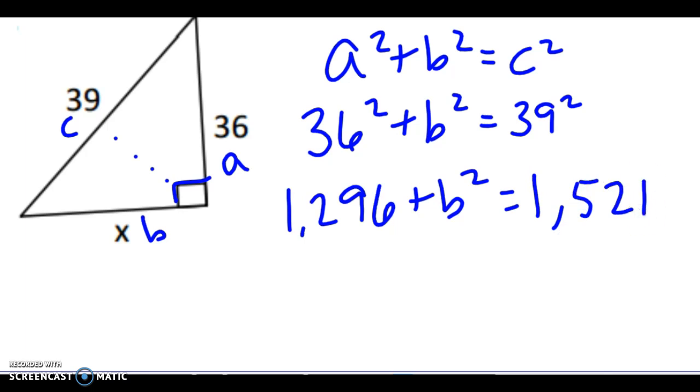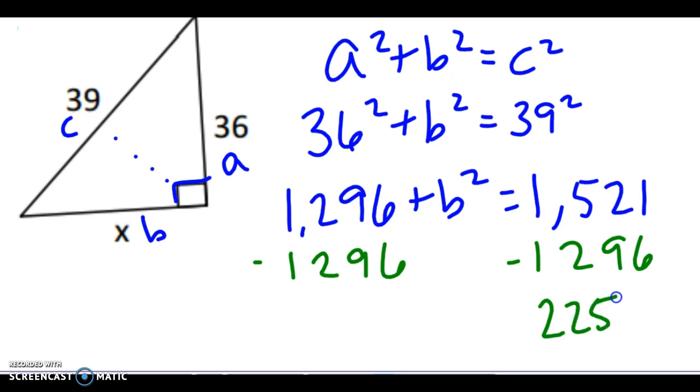And then to get b by itself, you're going to subtract 1296 from both sides. So this is 225.